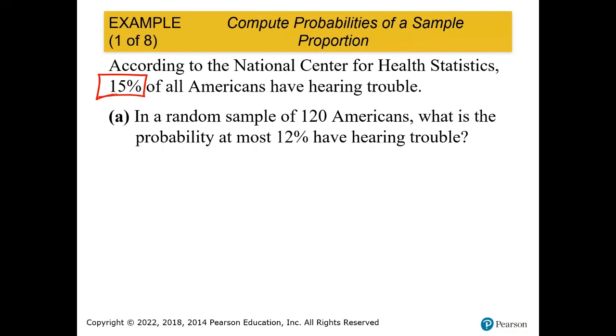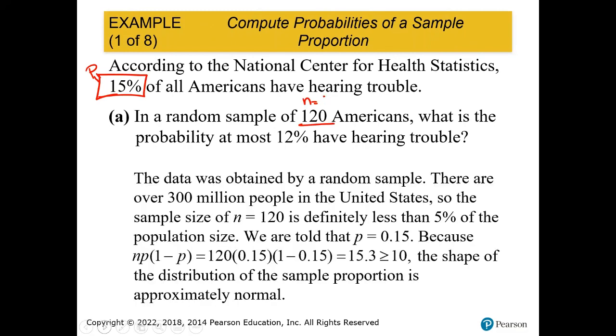So this is what we know to be true of our population proportion here. This is our sample size. Data was obtained by random sampling, it says that here. And we know there are 300 million people in the United States, so clearly 120 is less than 5% of the population. We have a very, very small percentage of our population here.